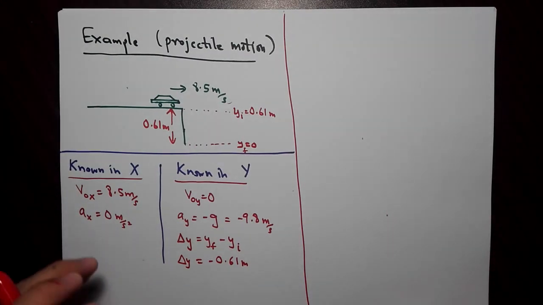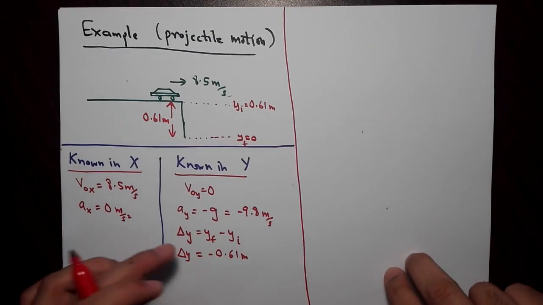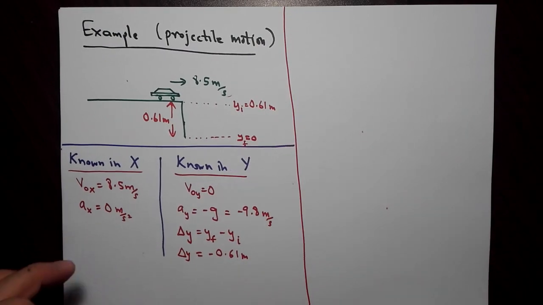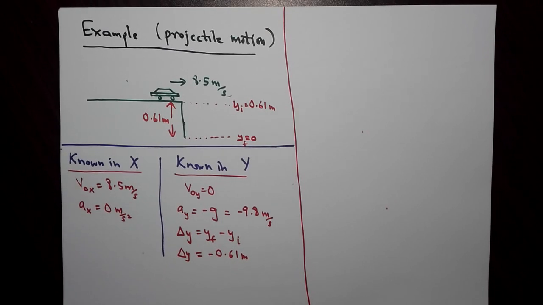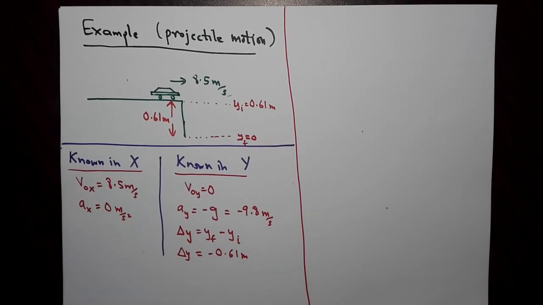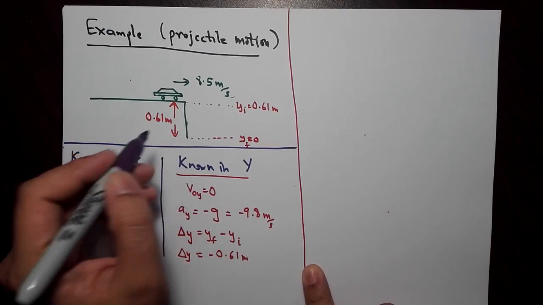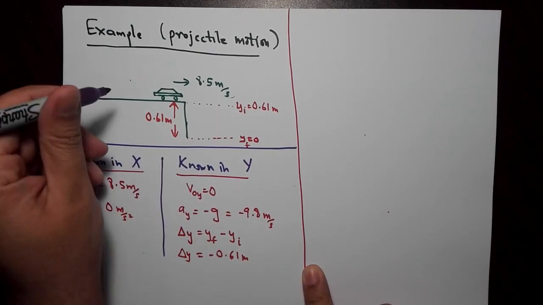So now we have all the knowns and the unknowns. Let's first see what we need to find in this problem.